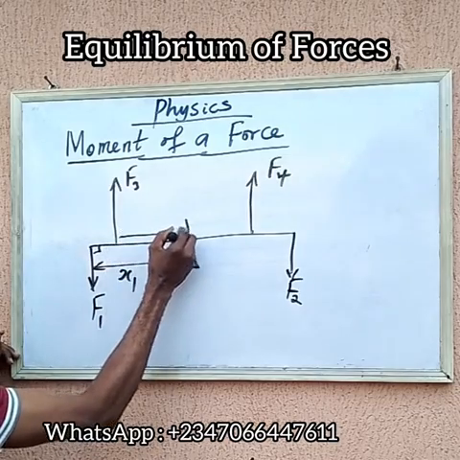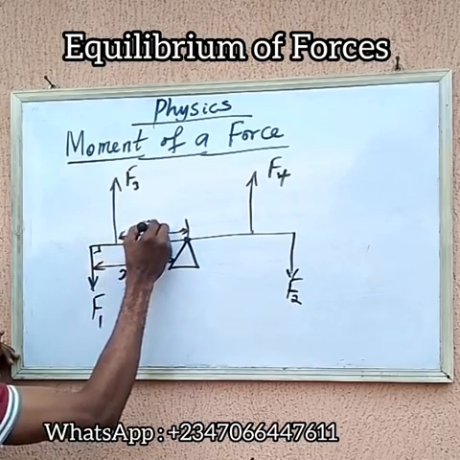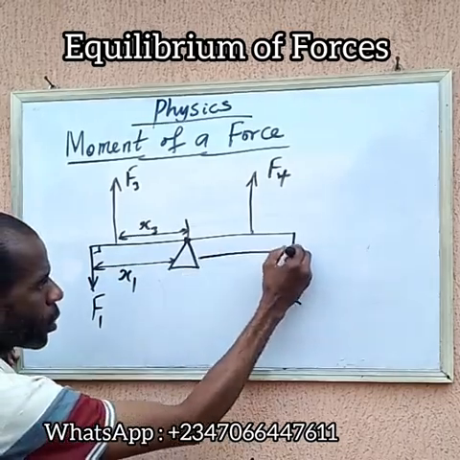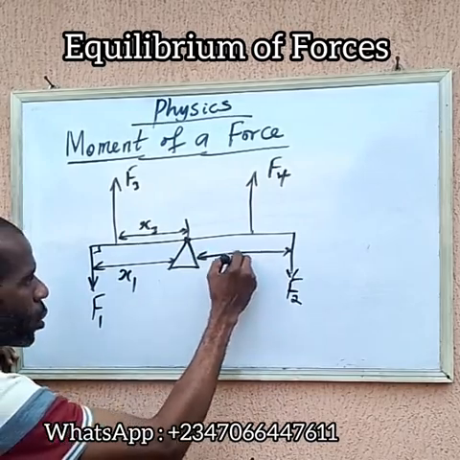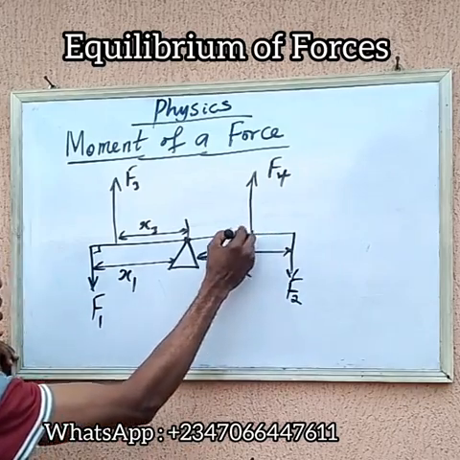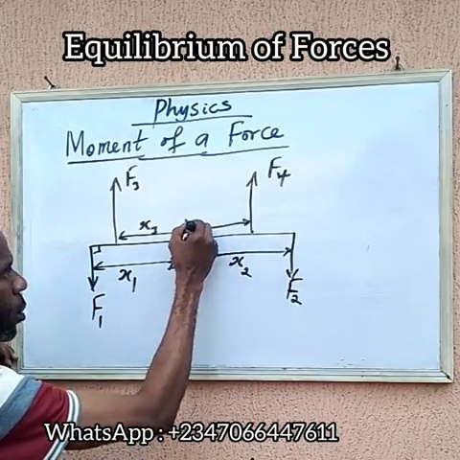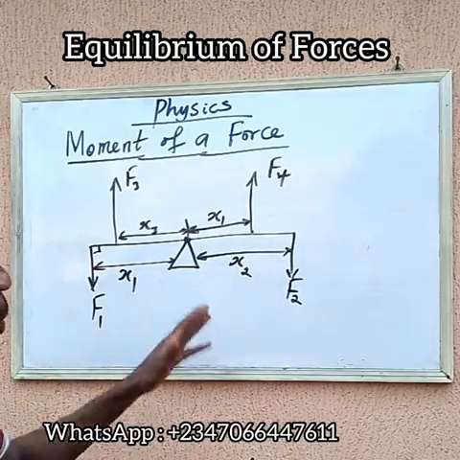Then the distance that is perpendicular to this F3 is this one, to give us X3. Now look at X2, from here down to this point. That is the distance when taking moment about this point. So this is your X2. Then from this point here, this is the line of action of this force. So the distance from here to here is X4.